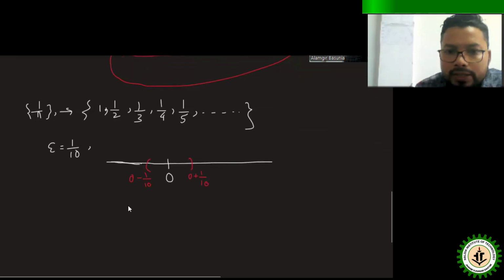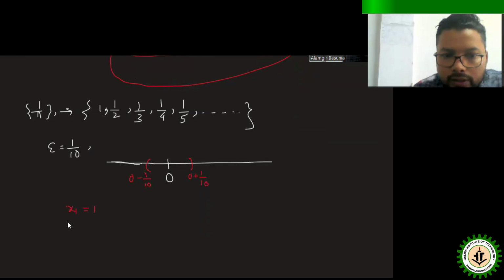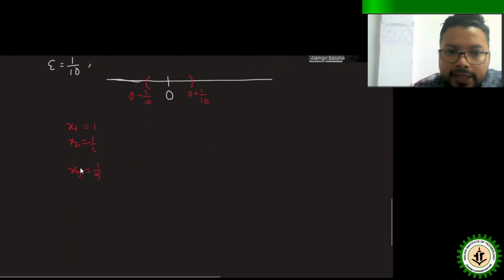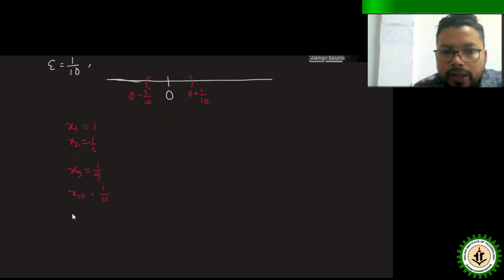Now, what is the value of x1? The value of x1 is 1. As you can see, x2 is half, and up to x9 you will get 1 by 9. Then x10 is 1 by 10, x11 is 1 by 11, and so on.